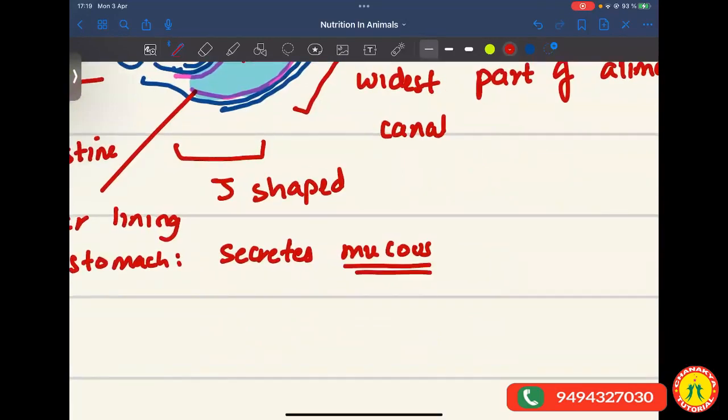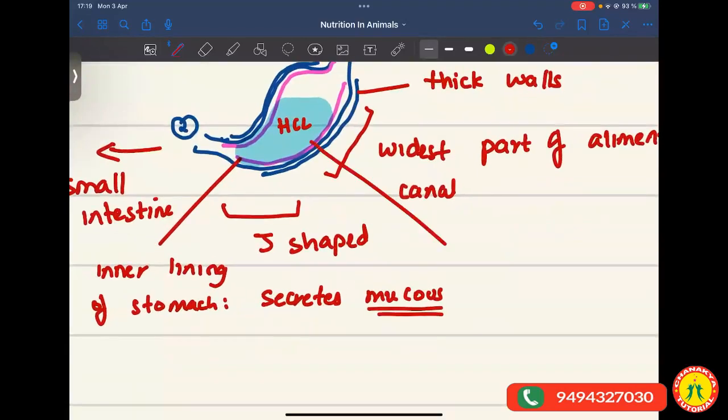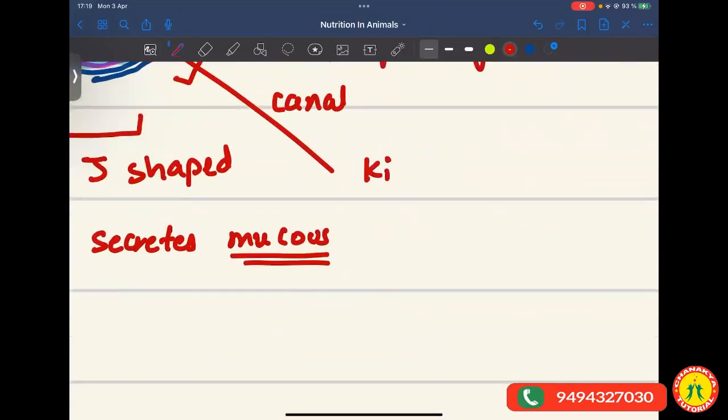Okay, so what is the use of this HCl? It kills the bacteria that is in all our food. For example, there are some germs in the food that we're eating, and it will kill all the bacteria. That is why hydrochloric acid is there.